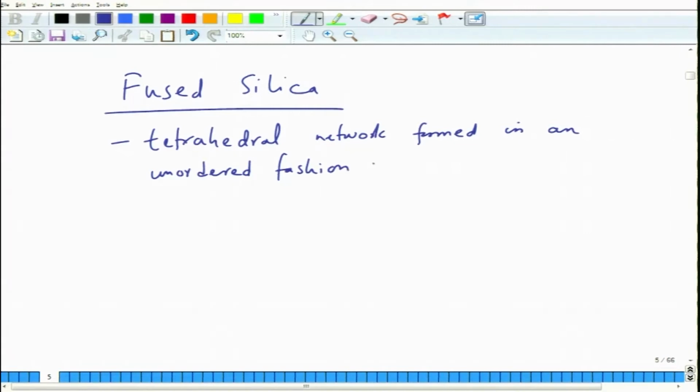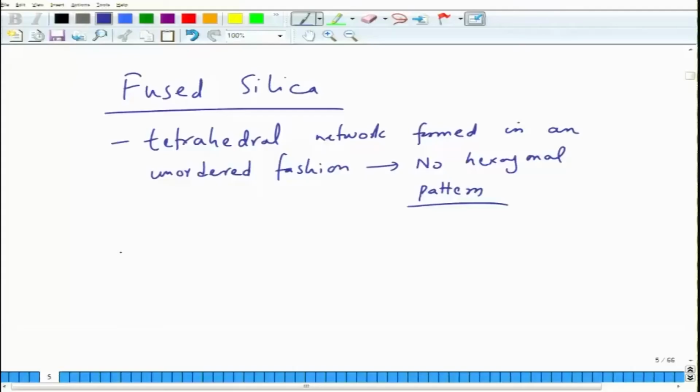So there is no hexagonal pattern there, but the requirement of coordination is fulfilled, and so they have relatively higher Tg. So they soften at higher temperatures.